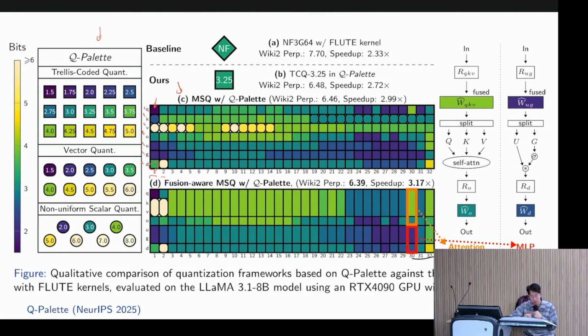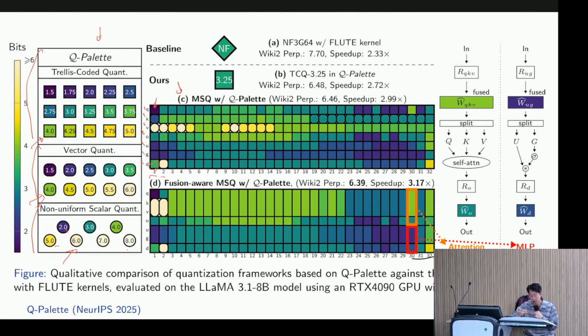So we could do 2, 3, 4, 5, 6, 7, 8 bit non-uniform scalar quantization, or we can do vector quantization, or we can do something called trellis-coded quantization, which we didn't cover today. And they come with different trade-offs, throughput versus accuracy. And the shapes represent which quantizer you're going to use, and the colors represent how many bits to allocate per each matrix.